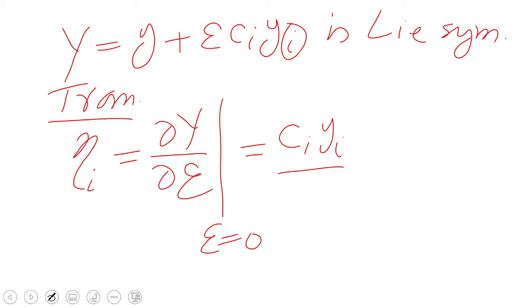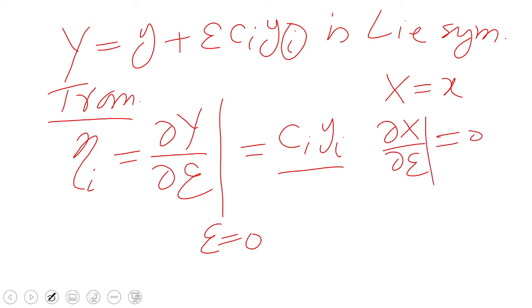In this case x is not changing, so capital X is equal to small x. If we differentiate capital X with epsilon, that is 0, so xi is 0.